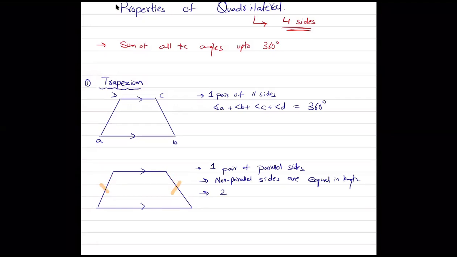And this is going to give you two pairs of equal angles, which means कि ये वाला angle is going to be equal to this angle and this angle is going to be equal to this angle. This is known as the isosceles trapezium.